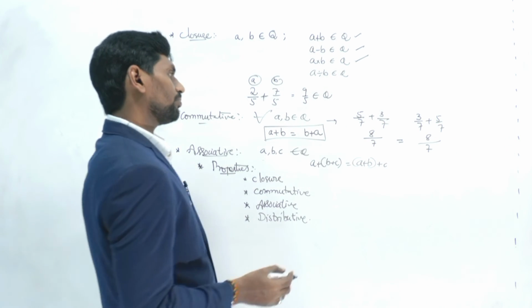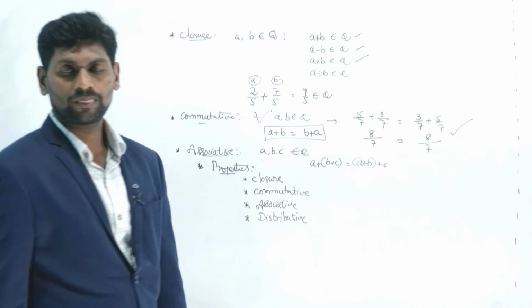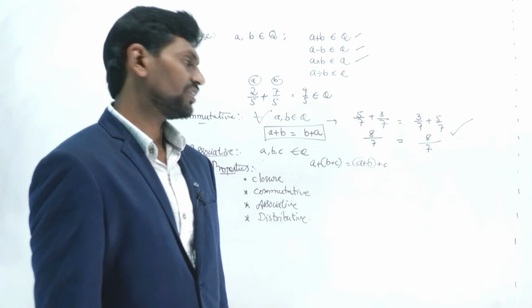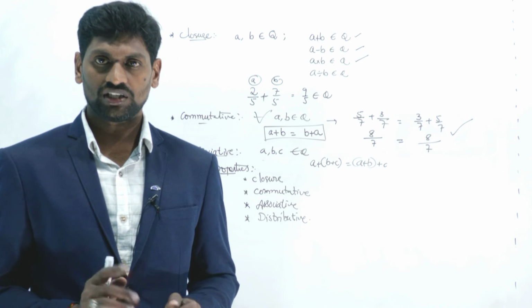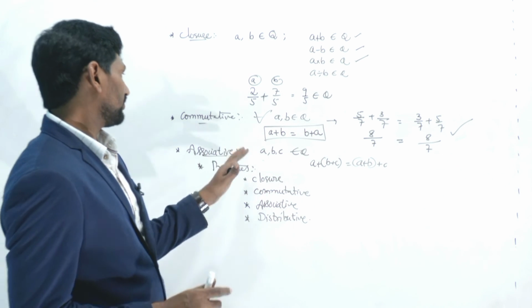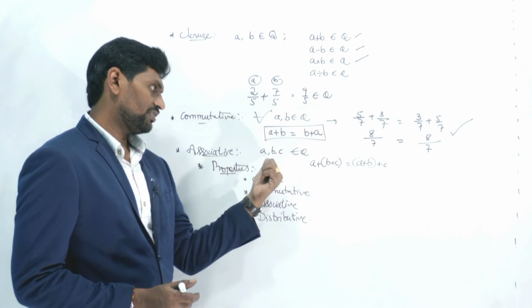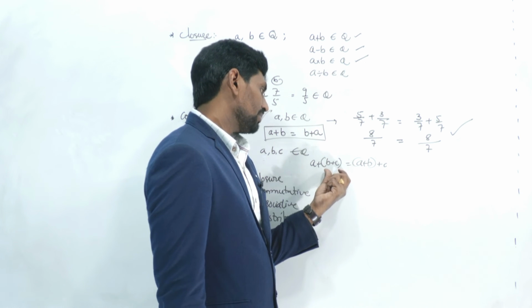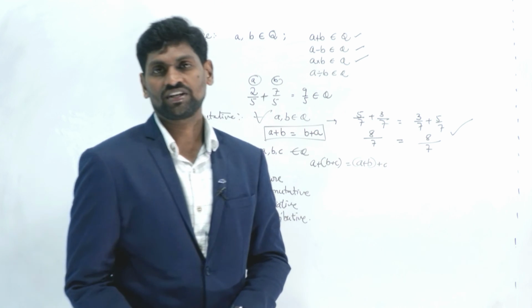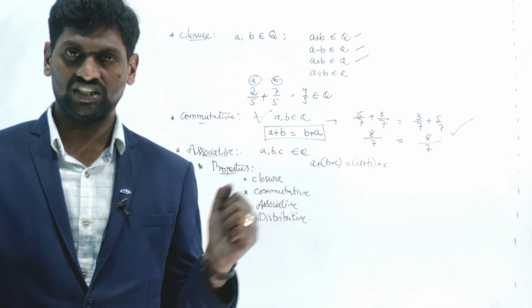Yes. Commutative property is satisfied under addition, one of the arithmetical operations. But it is not satisfied under subtraction. Same way here, for three rational numbers a, b, c, when (a plus b) plus c equals a plus (b plus c), we can say that the associative property is satisfied by rational numbers under addition.